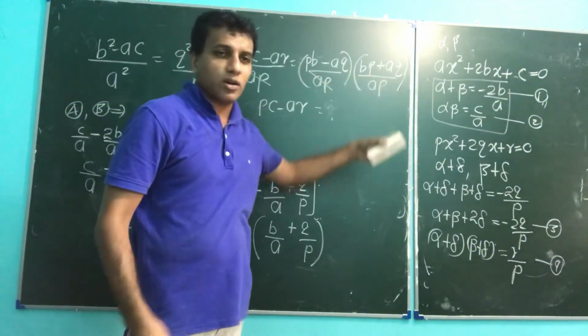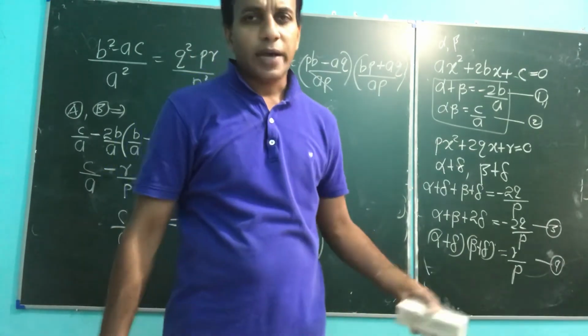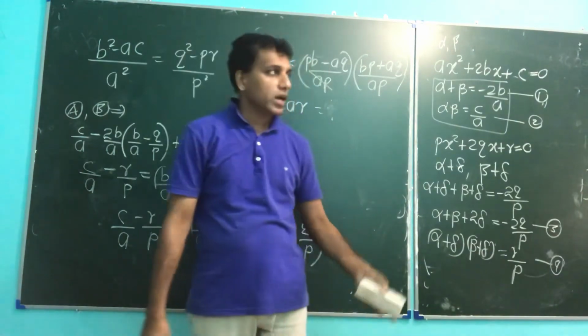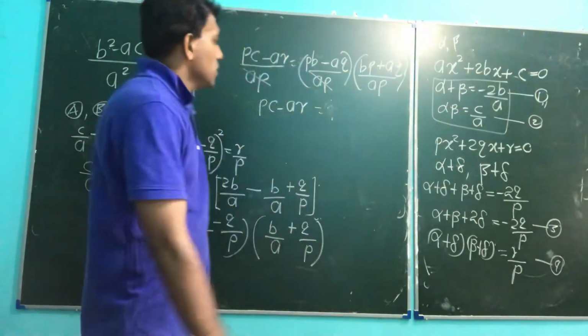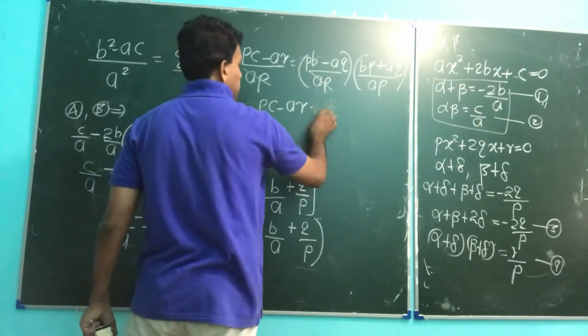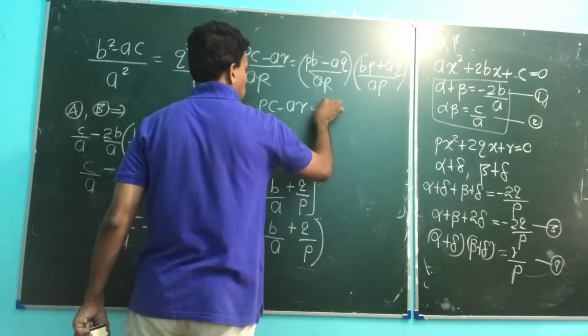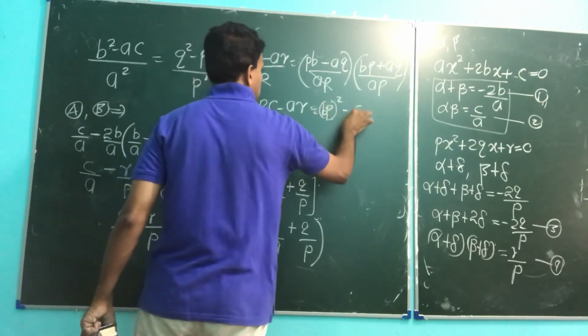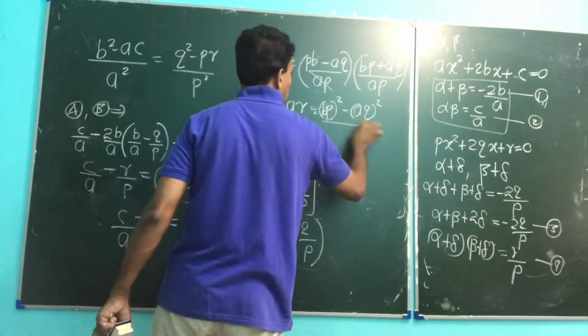Like your O-level mathematics, x square minus 25 factorizes as x minus 5, x plus 5. A square minus 9 is A minus 3, A plus 3, right? So like that, make it factorize. So BP square minus AQ square over AP.